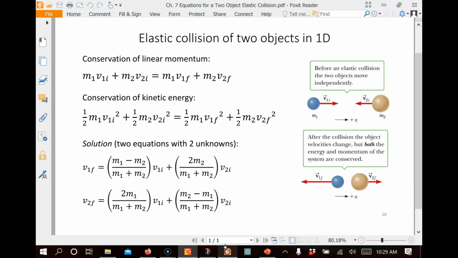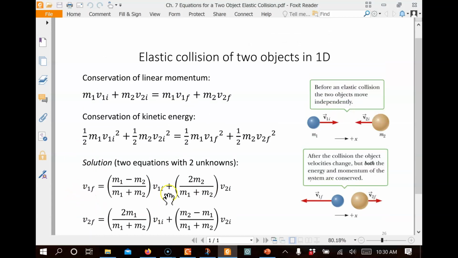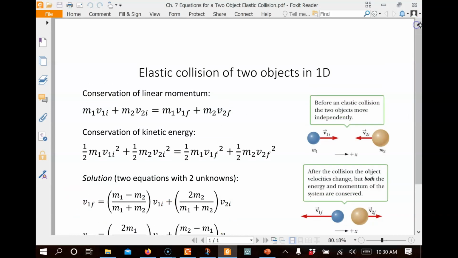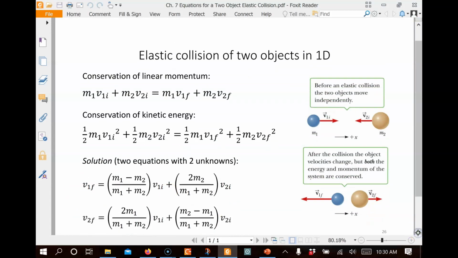But I've got an equation for you where we've used the two conditions. You can see them here. And we've solved for the final velocity of the first object and the final velocity of the second object in terms of the initial velocities and the masses, okay? So we're going to go ahead and just copy those and paste that equation in.